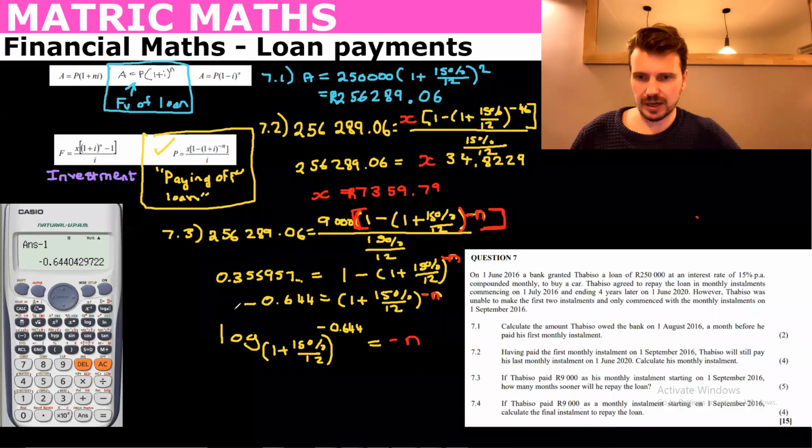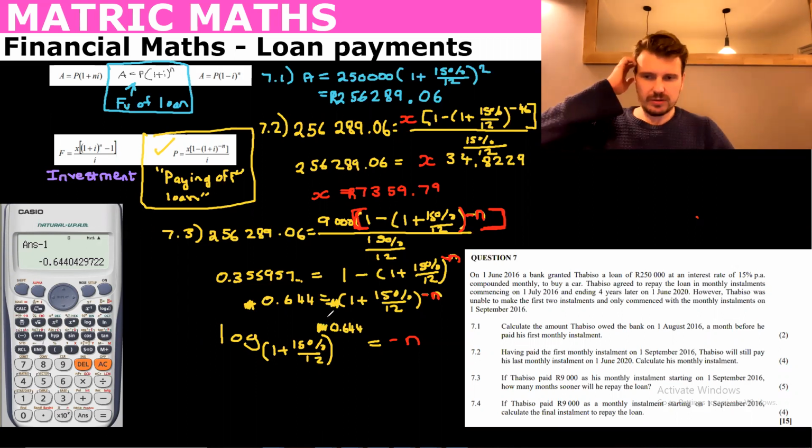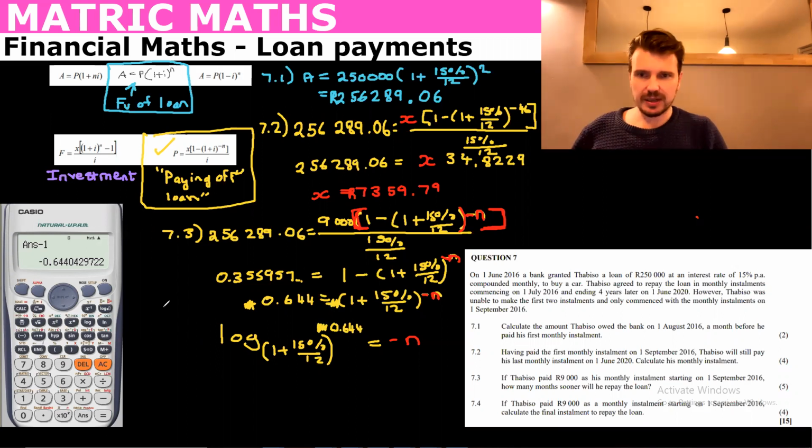Except, of course, I need to just make sure. So this was a negative here. So there was the 1 minus. So of course I can cancel the negatives here. So that one cancels with that one. So this was actually a plus here.